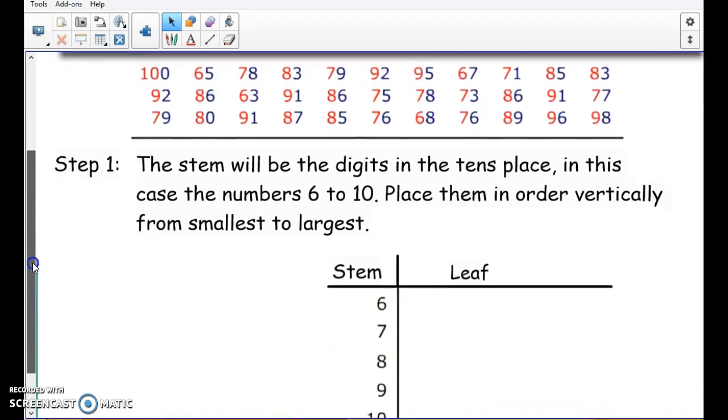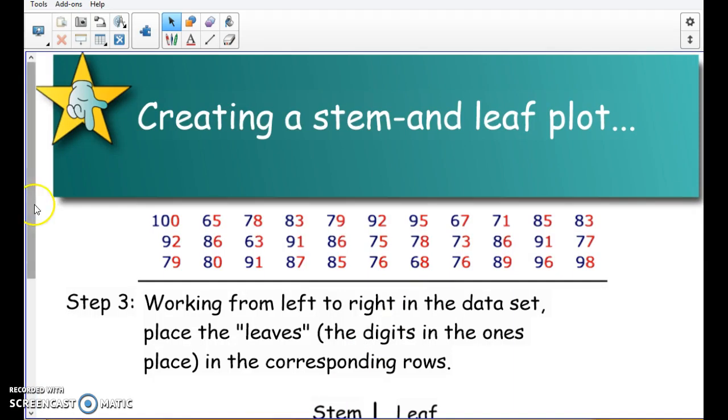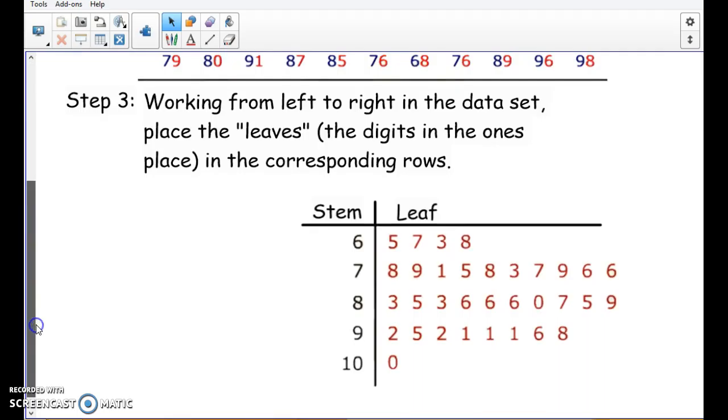Like it says right here, the stem will be the tens place, numbers 6 through 10, and we're going to place them in order: 6, 7, 8, 9, 10. Then we're going to put the leaves on there. They should be in order. It says to make it first and then place in order, but that's kind of a waste of time, so I would just put them in order right away.